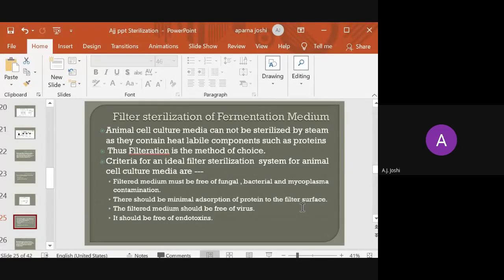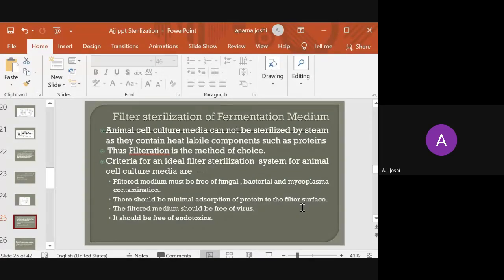So after the filtration, overall, the media should be free of any microbial contaminant. That may include the viruses, fungi, bacteria, mycoplasma, actinomycetes. It should be free of endotoxins. Now, what are these endotoxins?